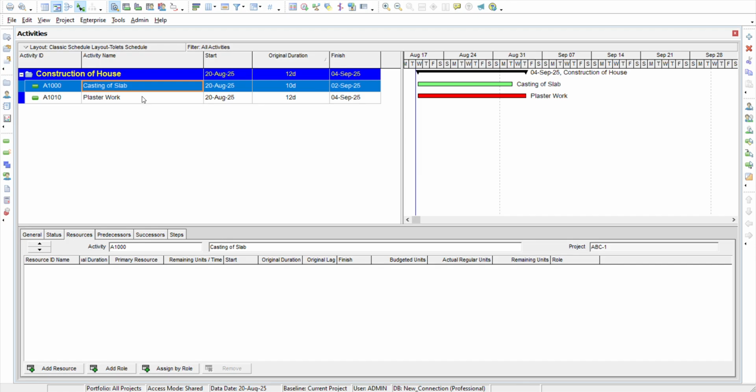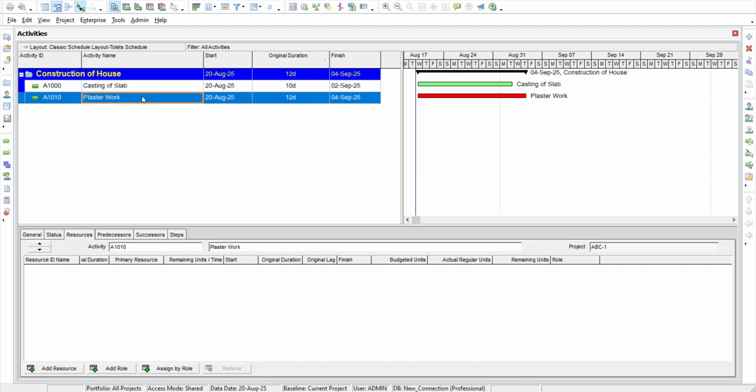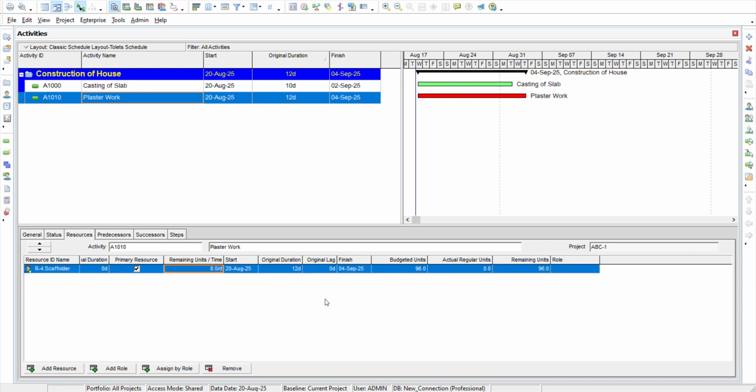Similarly, if we are talking about the plaster work, we may need the scaffolder at the start of the activity to form a formwork or platform for the workers, and at the end of the activity to remove the scaffolding. So for this type of activity, we will assign the labor, scaffolder and mason.